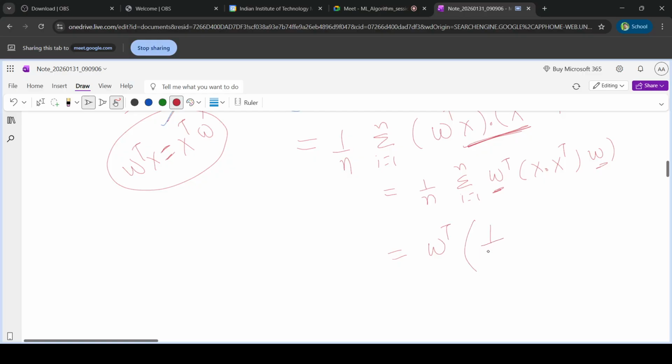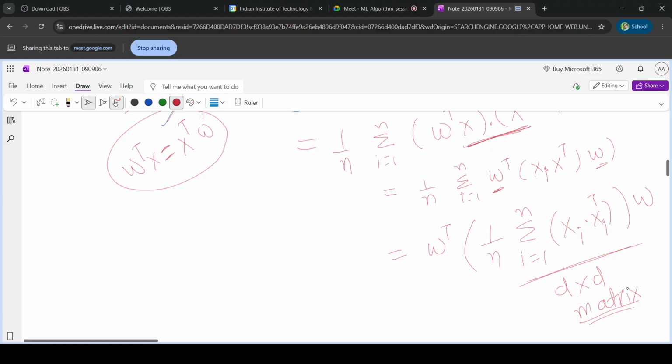Just remember, you don't need to stress your mind, but the next point I want to mention is this Xi, because it's the summation of Xi into Xi transpose W. So this is a D cross D matrix. This point is a little bit important for week 2, but this is the D cross D matrix.